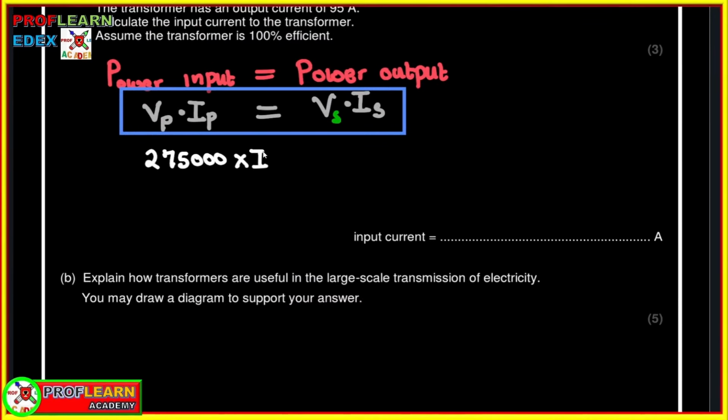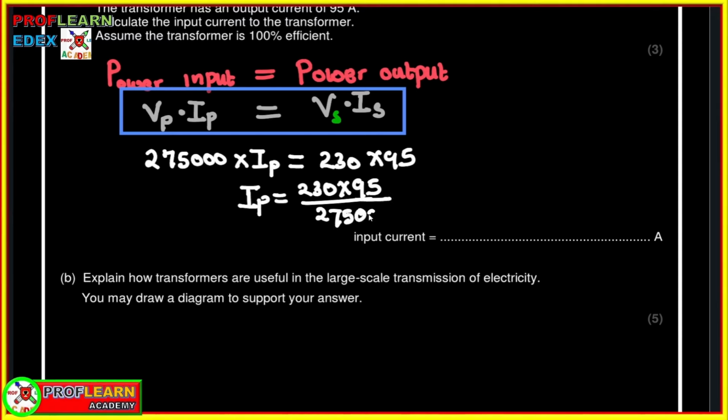We don't know the current, and that's what we're finding. The voltage in the other case was 230 and the current is 95. We divide both sides by what we have on the left, and our current translates to 0.079 amperes as the current in the primary coil.